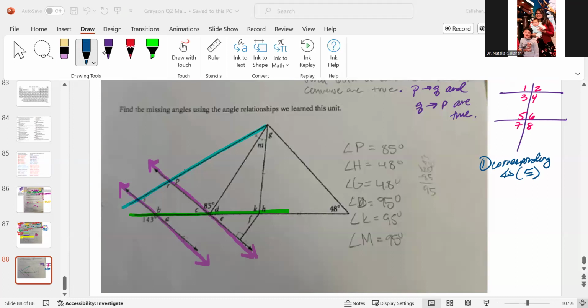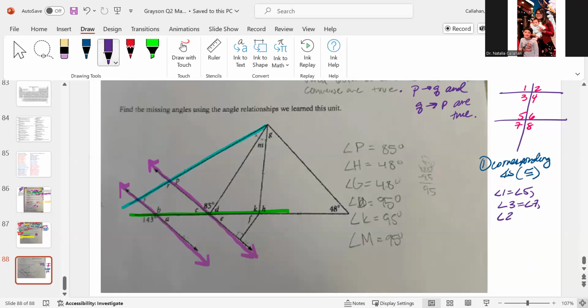So which ones are corresponding angles? And list them. Keep listing them.